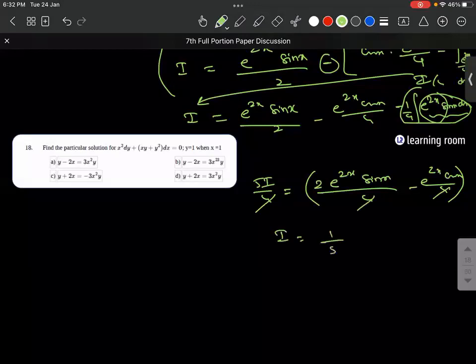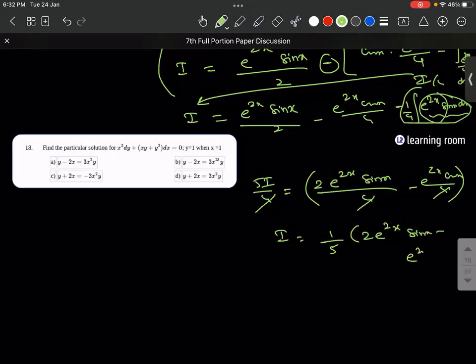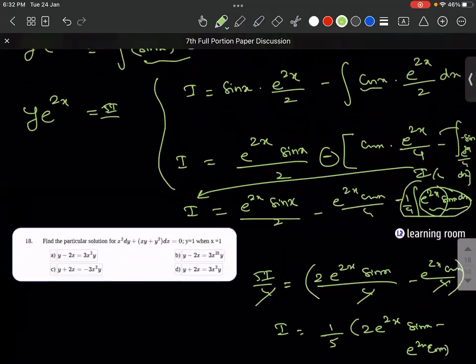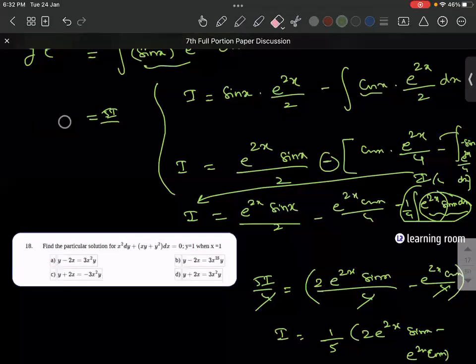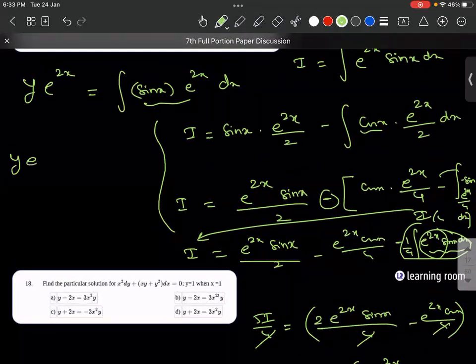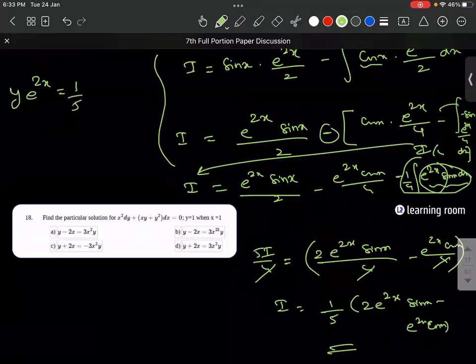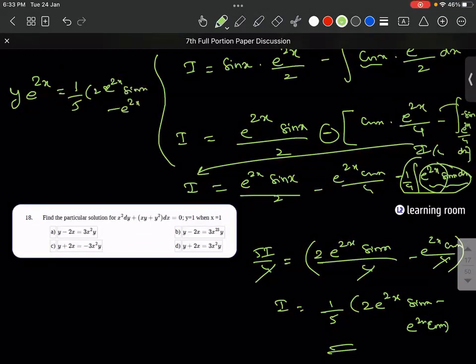I will be equal to 1 by 5 into 2 e power 2x sin x minus e power 2x cos x. Is that clear? So this is what is I.